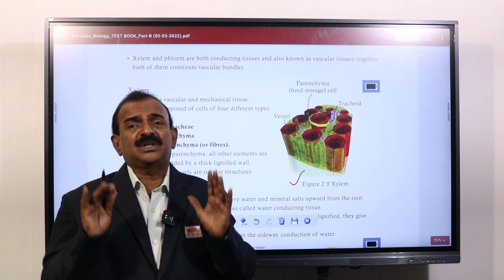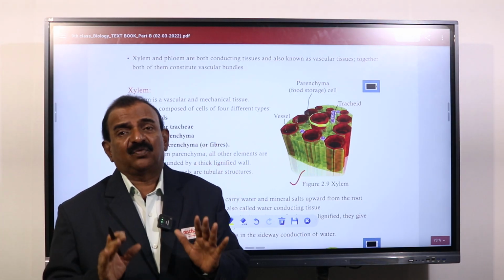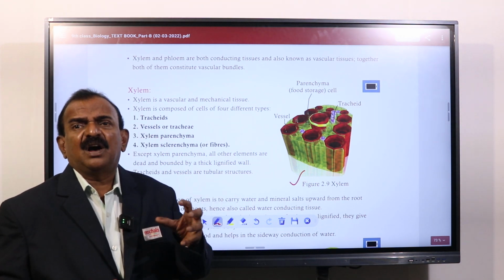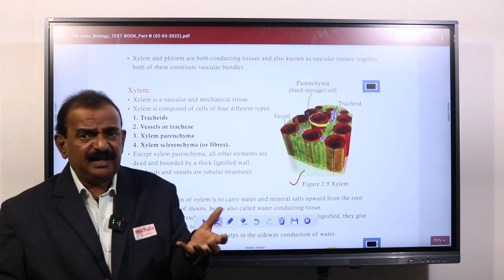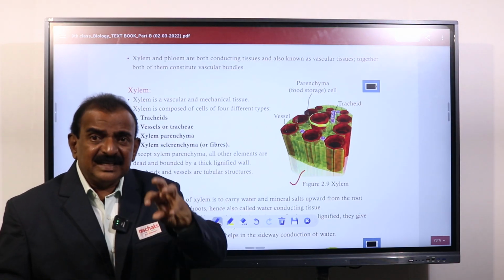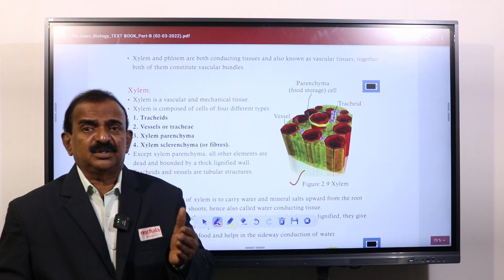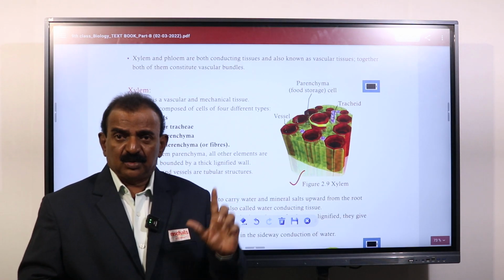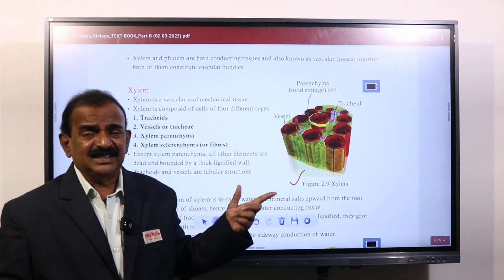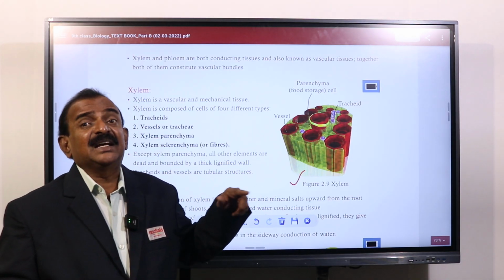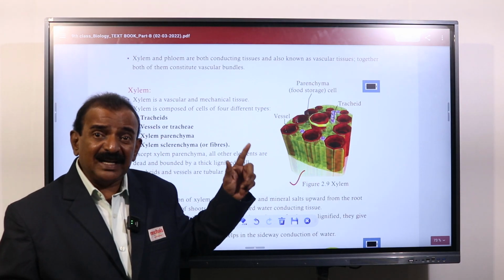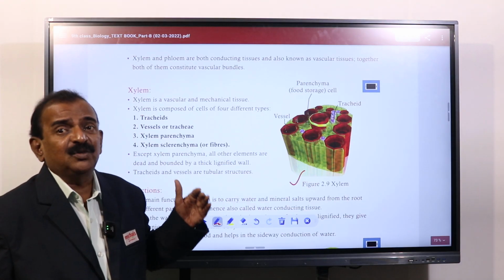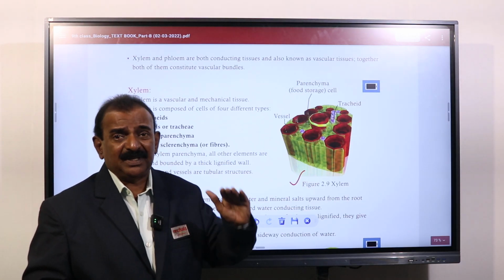These are the four types of cells present in the xylem vessels, formed from the same origin and performing the same function. This tissue is mainly useful for conduction of water.